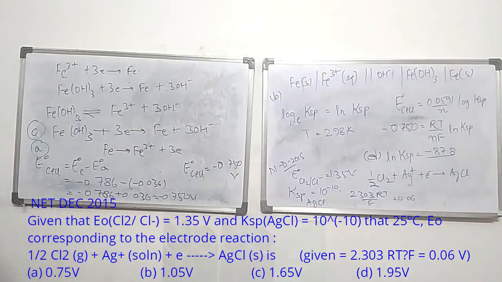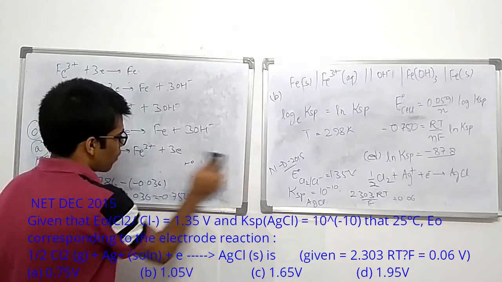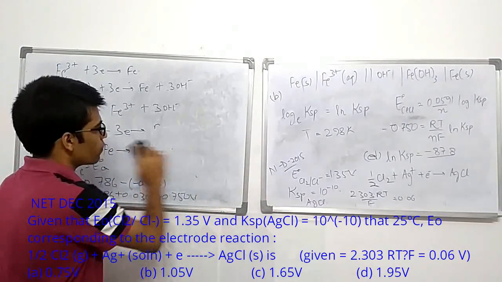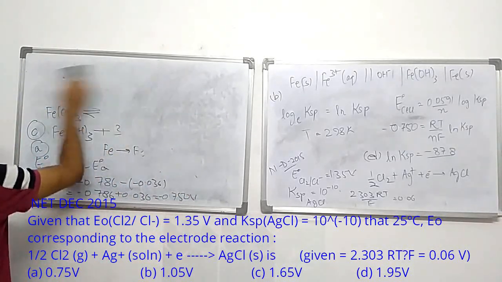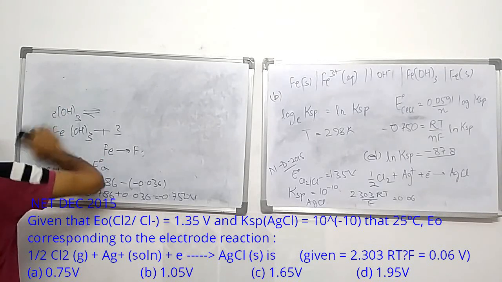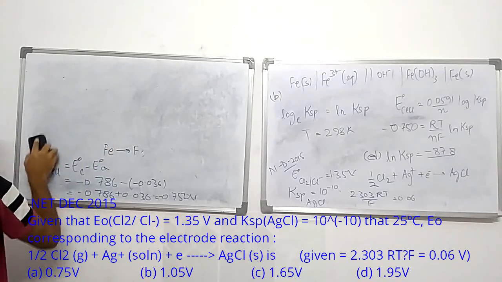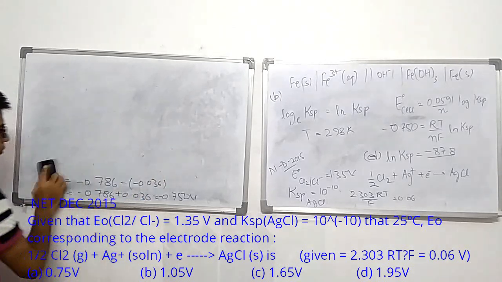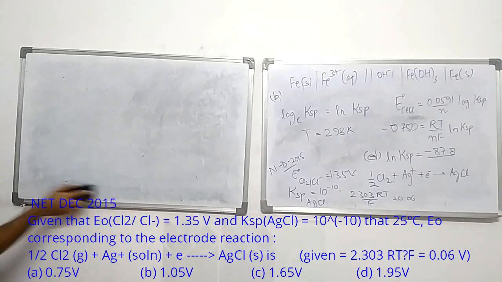So what will you do? We have been given the KSP. That means we have to make use of the dissociation reaction of silver chloride and arrive at that half electrode. So what do we have?